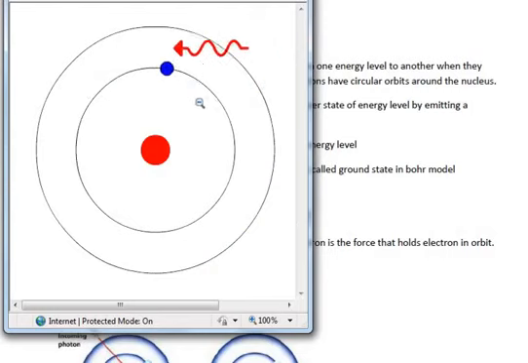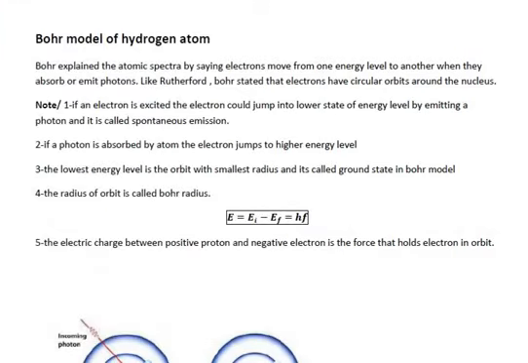But after a while, this electron starts to emit that extra energy that it gained and gets back to its lower state, its own original state. Now, when it gains energy, it jumps to a higher state. After a while, it loses that energy and returns back to its lower state. That was what Bohr was saying about electrons.